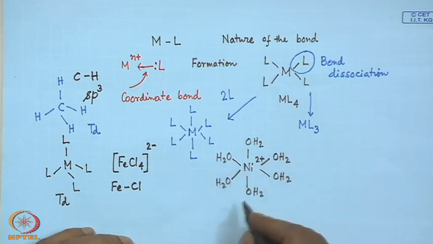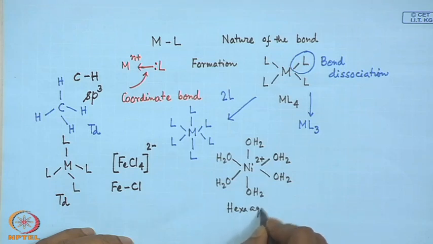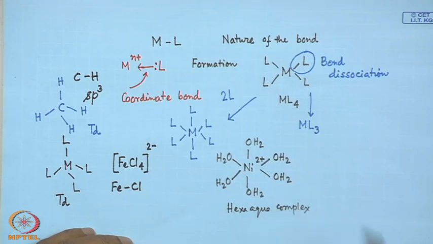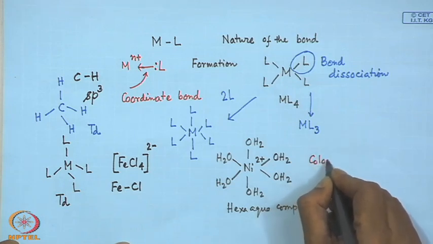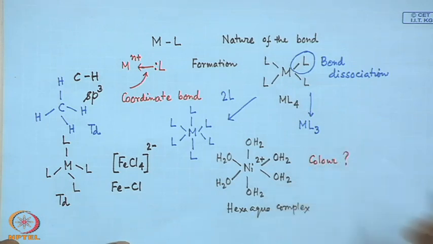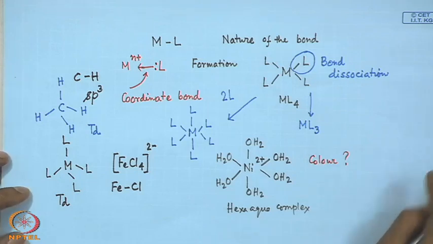So, we have the hexa-aqua complex, and this species which is forming in solution, we have to explain the color, how the color is originating from this particular species which forms immediately in the solution.